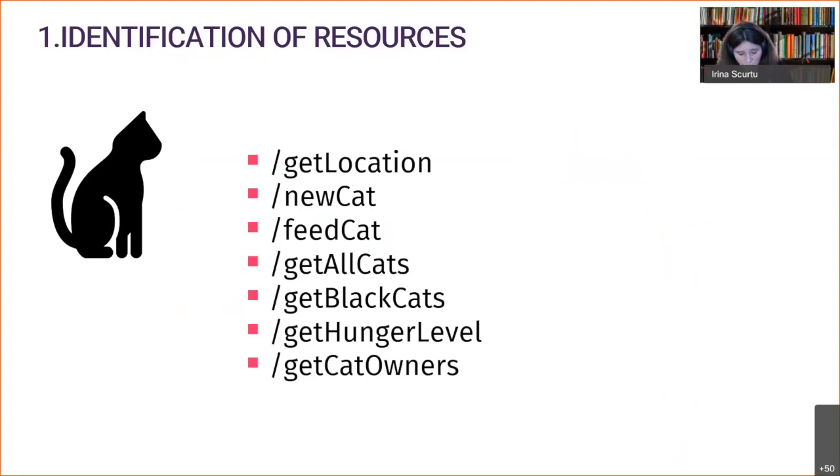But if you look at all these endpoints, they either have a verb inside the name, and they're very different. And this is very bad. If you ever did this, I think you also know that this is bad.